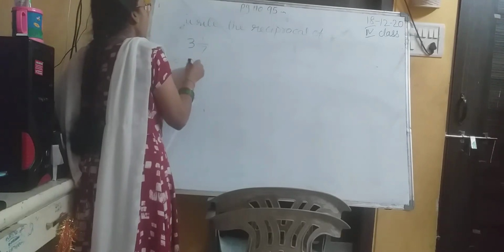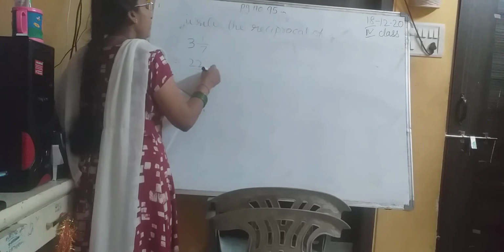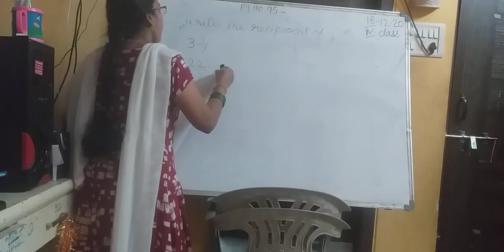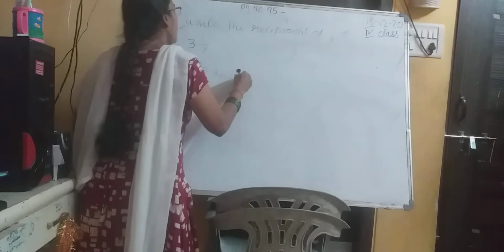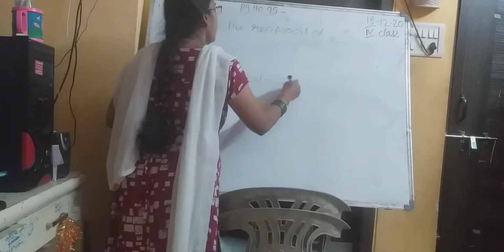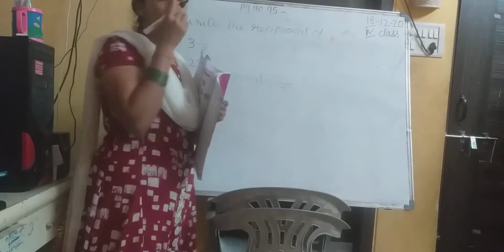So the reciprocal is 7 by 22, children. You have to write like that.